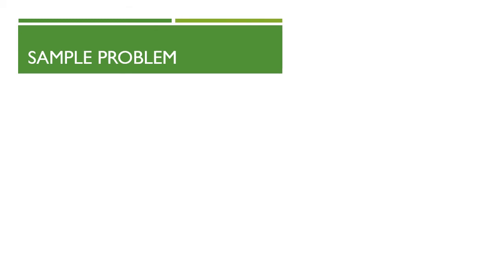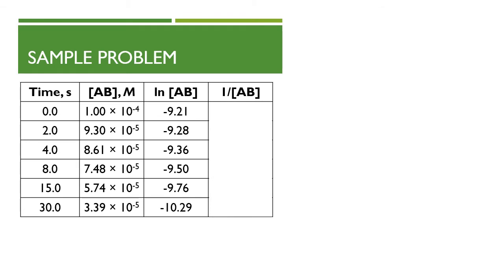Now we can already stop at the graph for the first order reaction, but if we want to be really sure, we can also generate the graph for the second order reaction. In here, we have our table thus far, and for the fourth column, we are asked to compute the reciprocal of the concentration of AB, which is our reactant. Using our calculator, we then find the following.